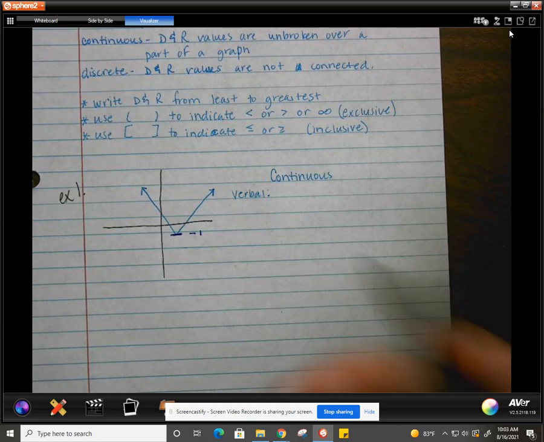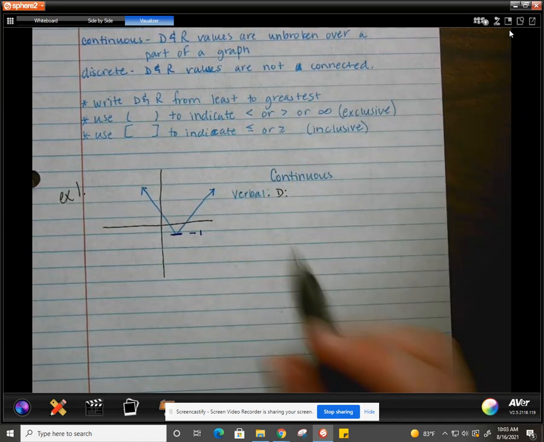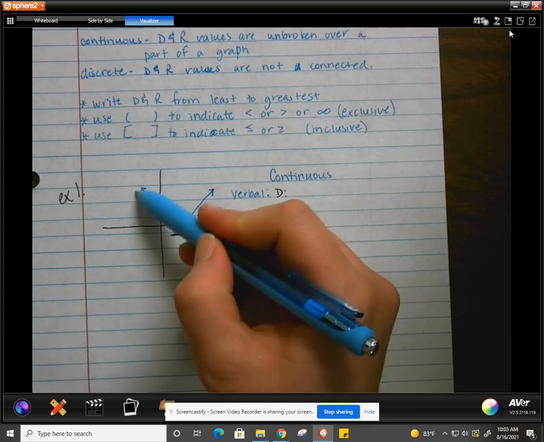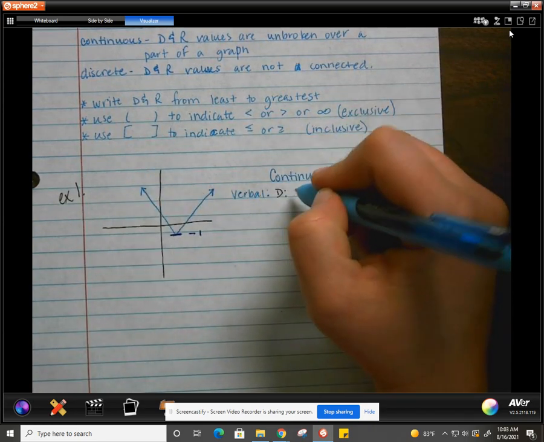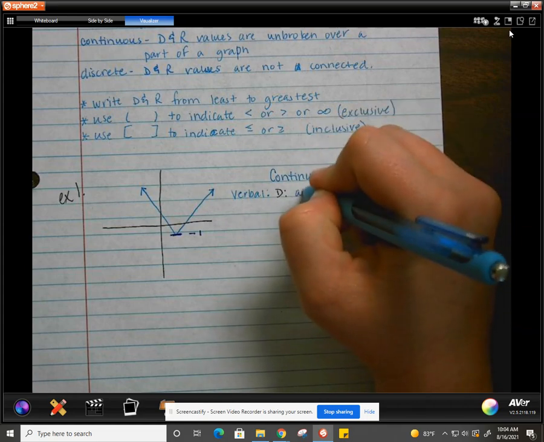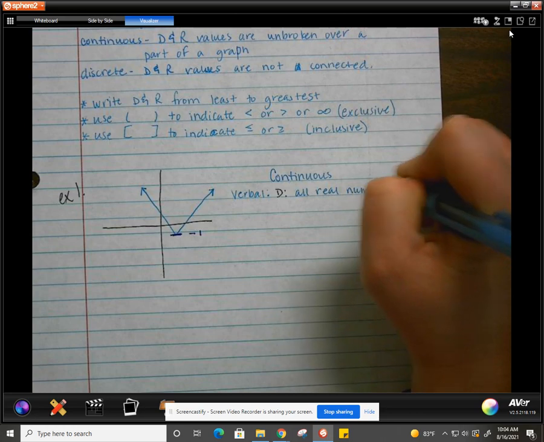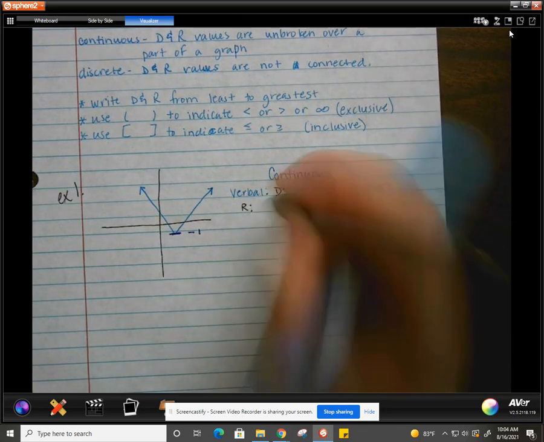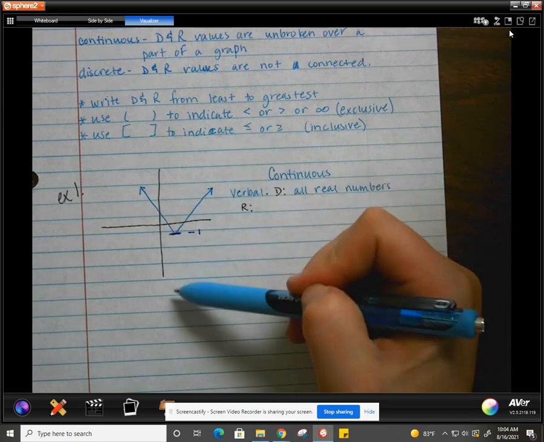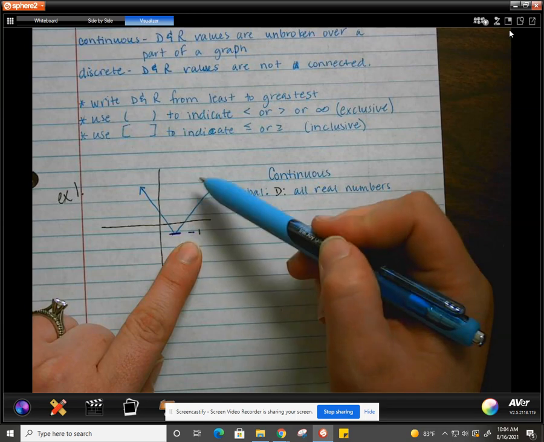But I'm going to start with verbal. We're going to go domain first. Domain goes forever to the left, because this arrow tells me it keeps going, and forever to the right. So my domain, verbally means you have to write it out, is all real numbers. Now for range, I'm going to pull this back over here a little bit. This does not go down forever. It stops at -1, but it does go up forever.